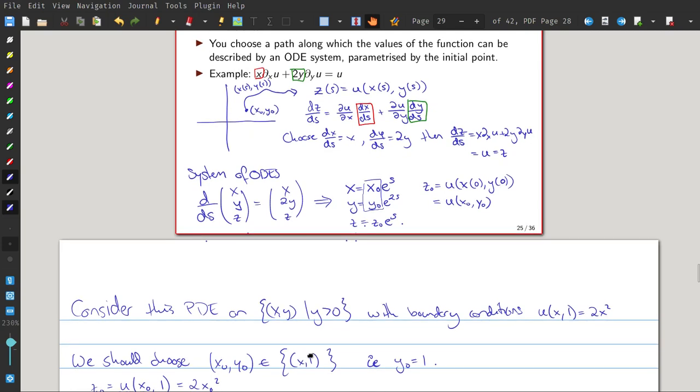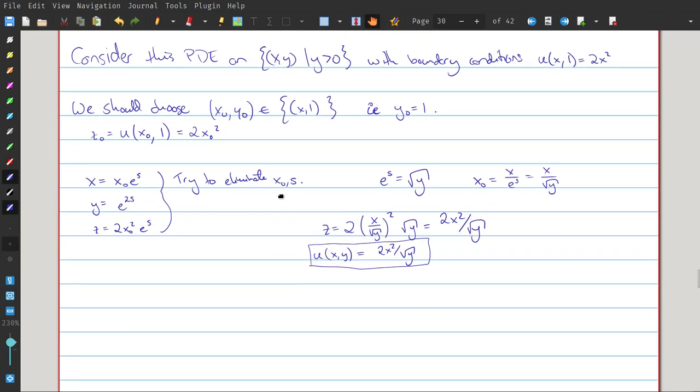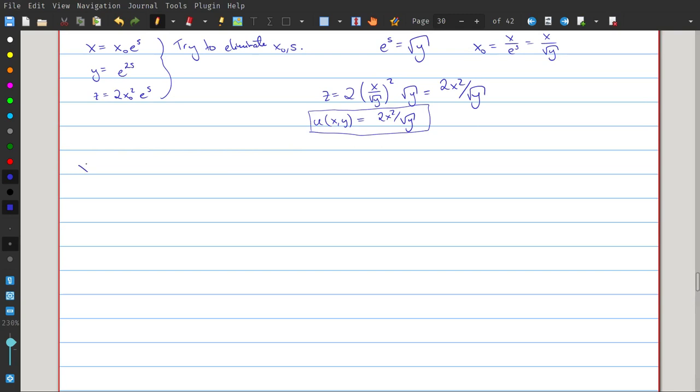So let's just check that now, because it's always good at the end to check. So if we have x partial x du, what do we have? We end up with 4x squared over the square root of y. Yes.